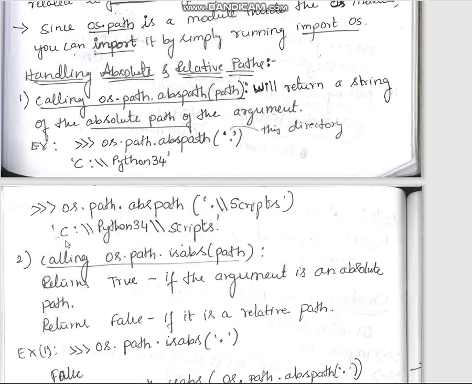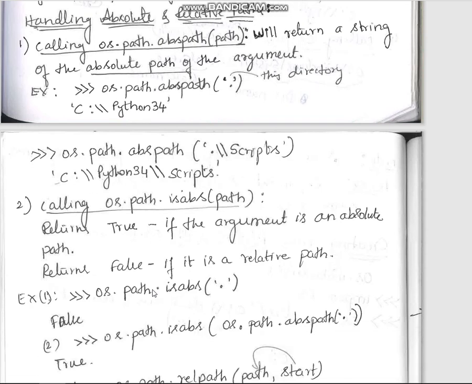So we'll get the output like this: c:/python34/scripts. The absolute path tells us in which particular folder it is present, starting from the root directory.